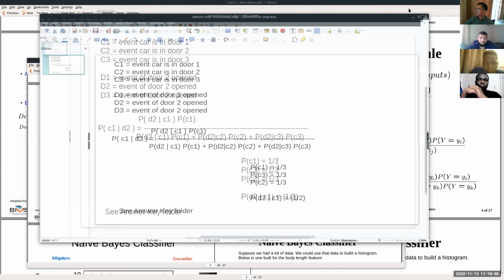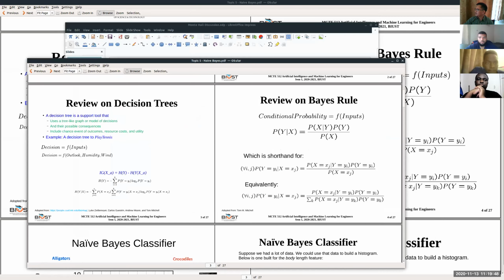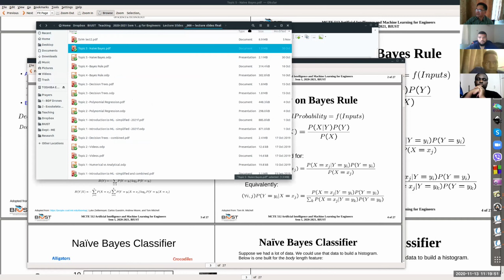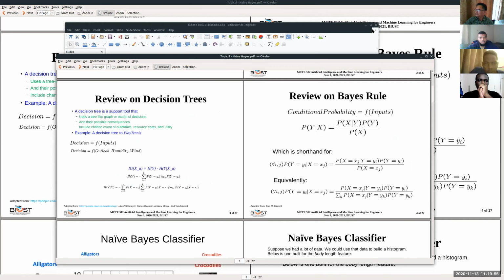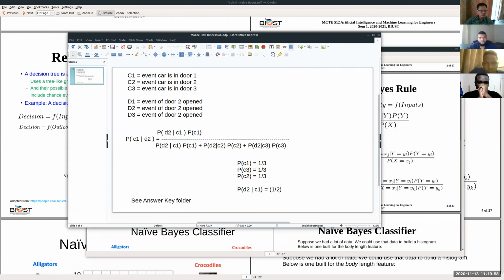Just for completeness, let's go back again. It will take time, but we need to do that. The Monty Hall problem.